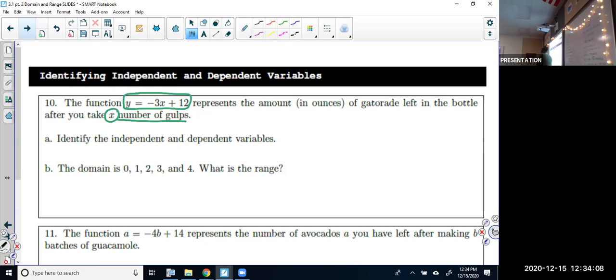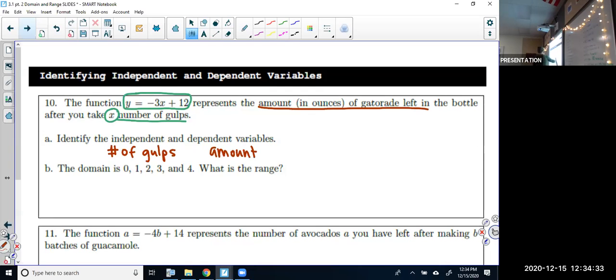What do you control? It's normally x, so you control how many gulps you have taken. Identify the independent variable: number of gulps. And the dependent variable then is the amount of Gatorade left.